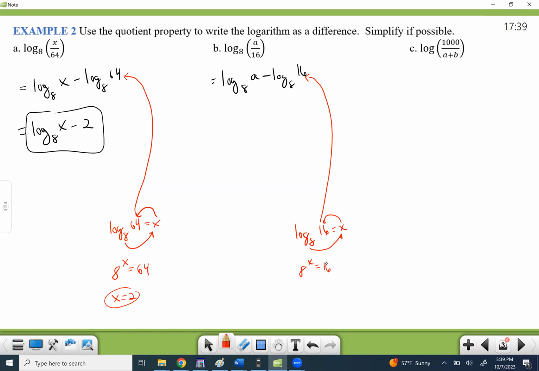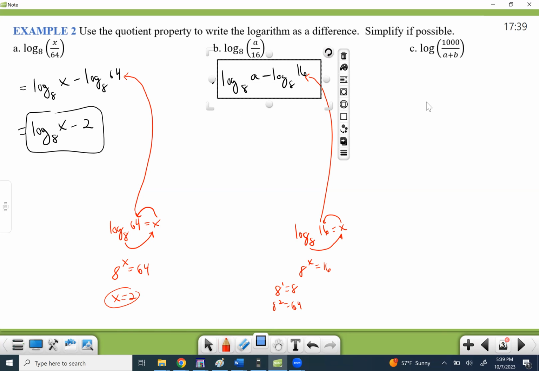Well, there's not going to be a nice integer value for that, because we know 8 to the first is 8, and 8 to the second is already up to 64. So it's got to be 1 point something. So it's going to be a decimal, which means we're just going to leave it alone. We're just going to box it as is, you guys. We only do it if it becomes a nice integer value.